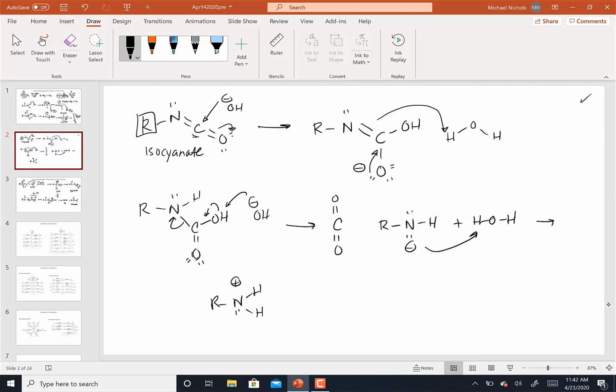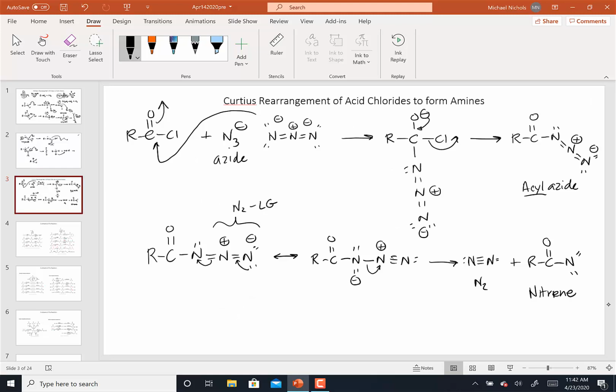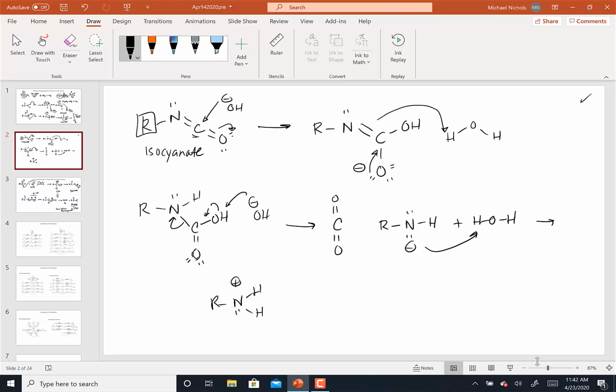For the Hofmann rearrangement, at this point, in the Curtius rearrangement, we are now at this point, and then those steps that this will undergo are the same. Those are going to be the same steps as the Hofmann rearrangement. So I won't write those because they are on the previous slide.